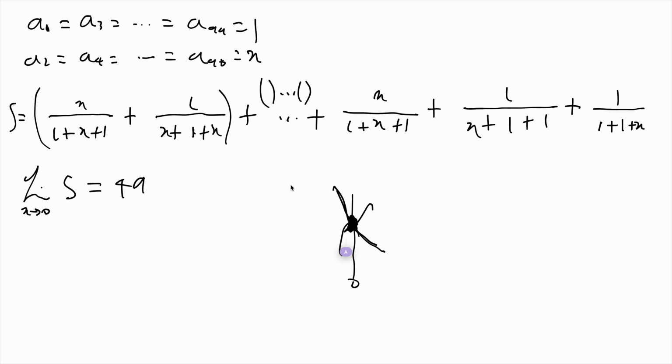Because if it's a negative number, if it's greater, so if x approaches infinity, it actually approaches, what is this? How many terms do we have?